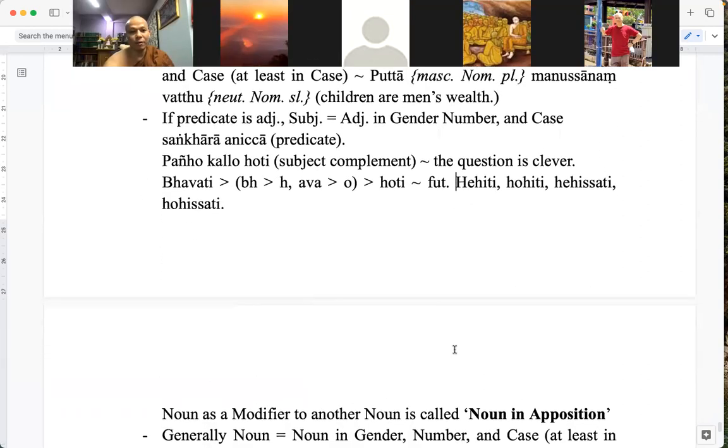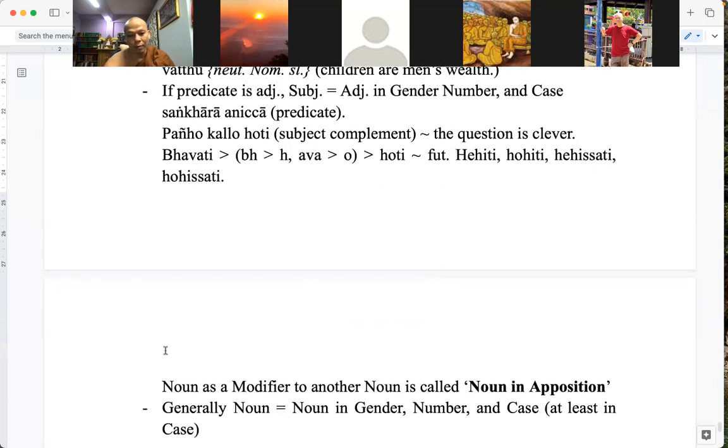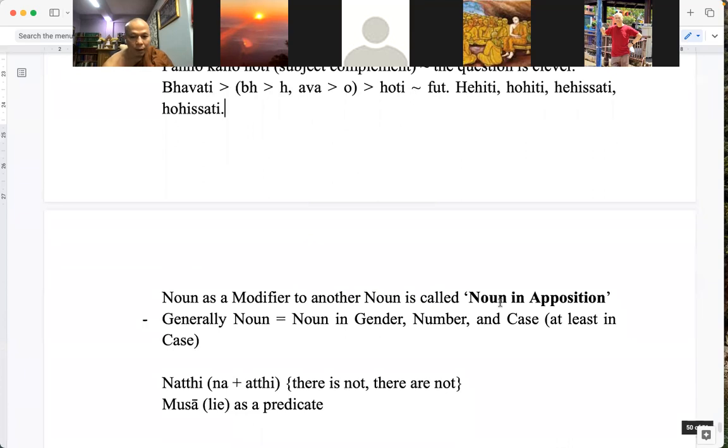So, if there are no more questions about the usage of the adjective, I will move to the next information. Now, not only in English but in every language, to modify another noun we can also use another noun.